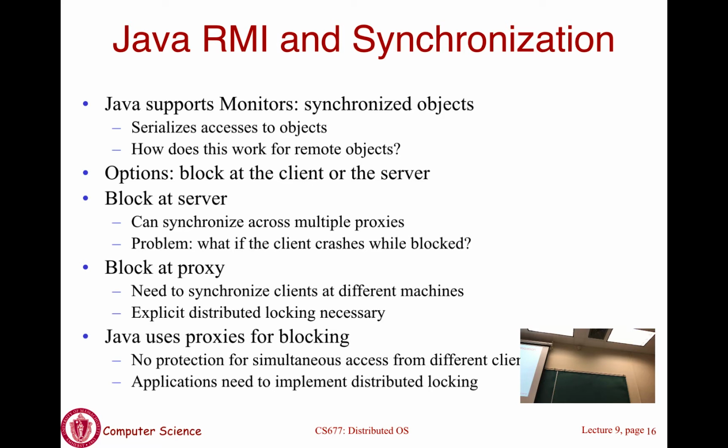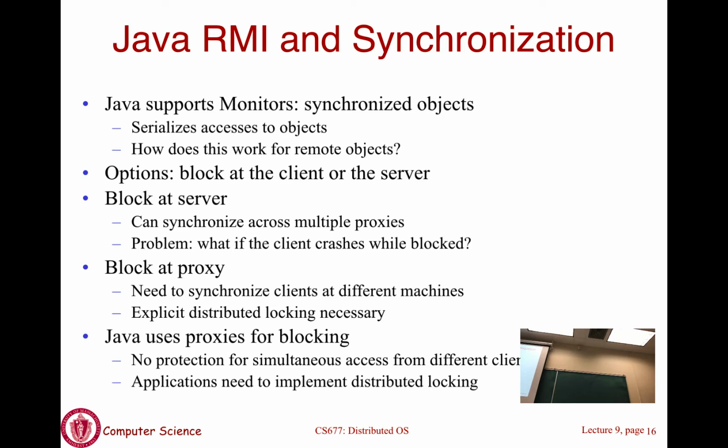You should have synchronization in your server-side code. Fortunately, in Java, this is fairly trivial to do. You can take any object or any method of the object and simply add the word synchronized, and you get automatic locking, which means that when you have multiple calls coming in, only one call will execute at a time. The runtime system will take care of that for you. You don't have to have explicit locks.